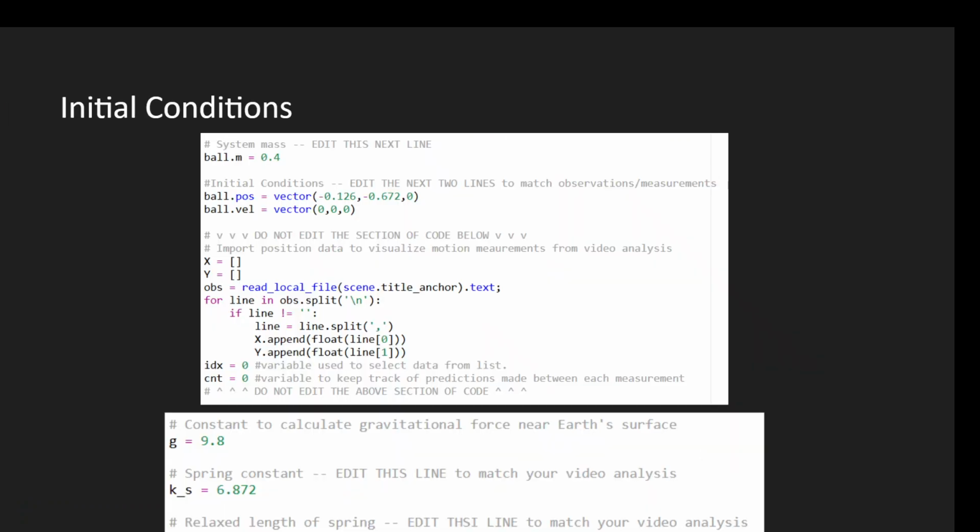For the initial conditions, the ball position is the vector of minus 0.1 and about minus 0.6, and then k, the spring constant, is 6.872, as I showed you in the equations on the previous slide, and the relaxed length of the spring is about 0.126.